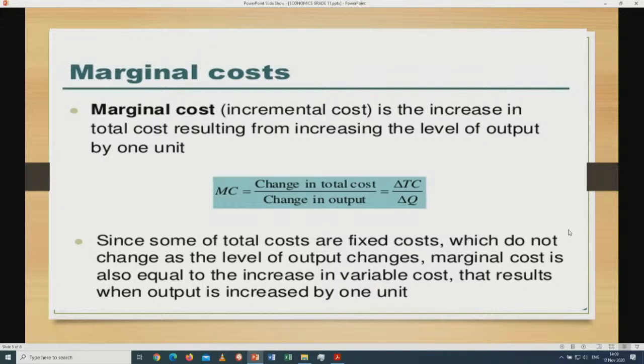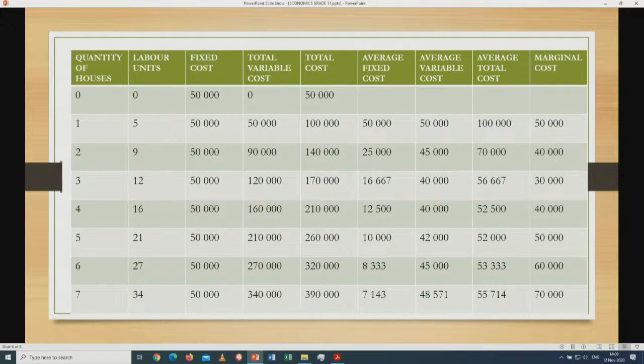Right. Let us look at how we are able to look at this cost that we have talked about. Now, remember here, where we have the quantity of houses, it could be a production of any other item. So it will not always be like quantity of houses. We can have something like quantity of chairs, quantity of desks, quantity of cars, or whatever it is.